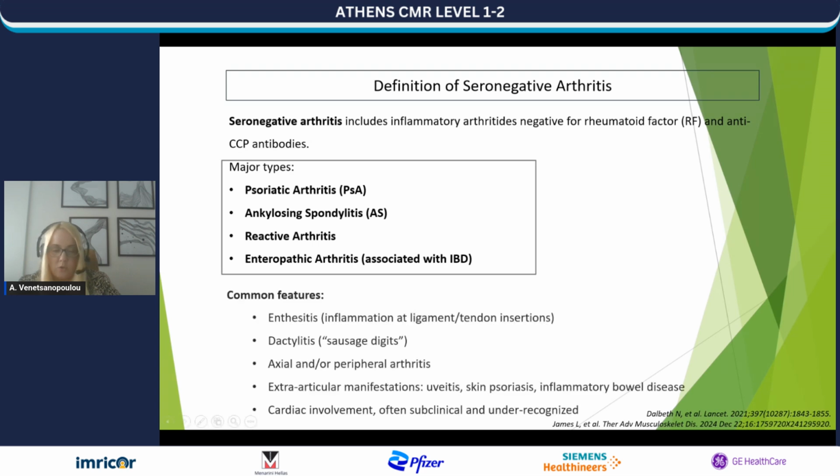These conditions, as we know well, share some common features: enthesitis, dactylitis, and a mix of axial and peripheral arthritis. Extra-articular manifestations are also frequent, such as uveitis, skin psoriasis, and inflammatory bowel disease. Importantly, cardiac involvement, though often subclinical, remains under-recognized.